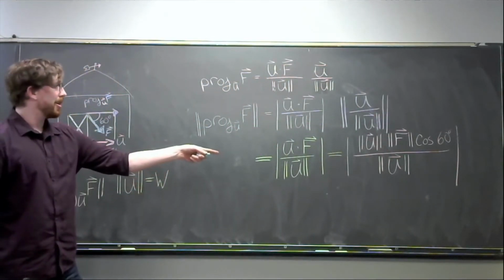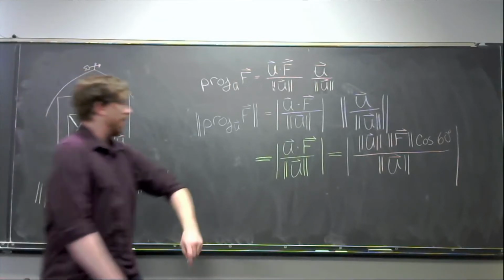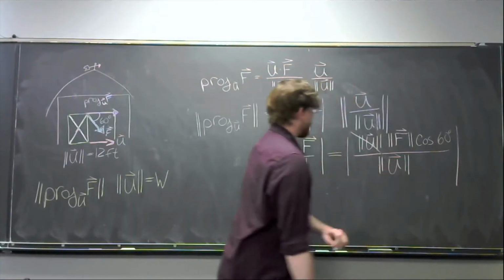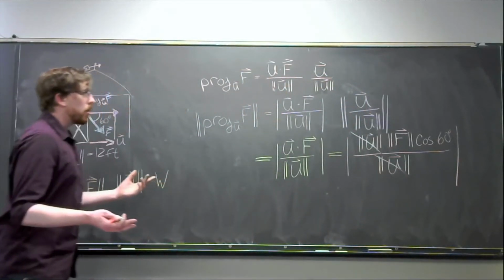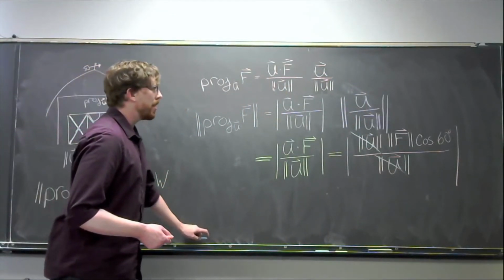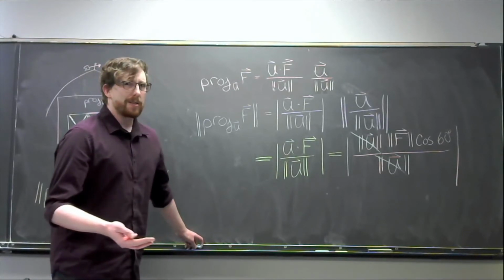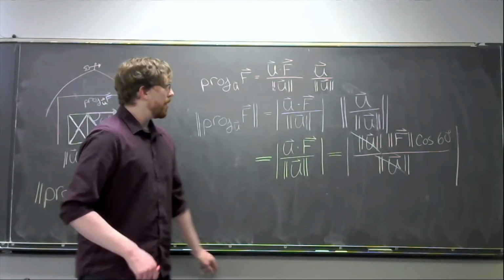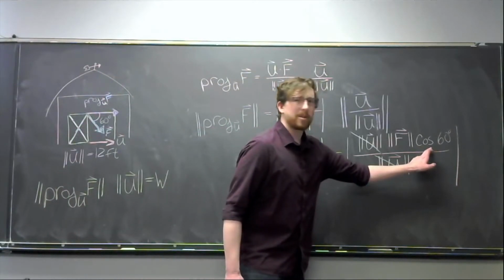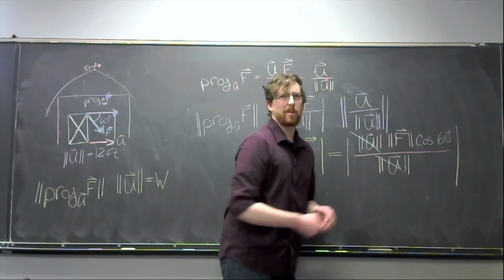Well, hey, that cancels and that cancels. So all we're left with is the magnitude of f times the cosine of 60, absolute value of all that.